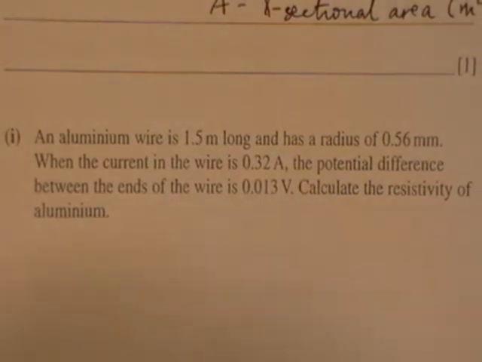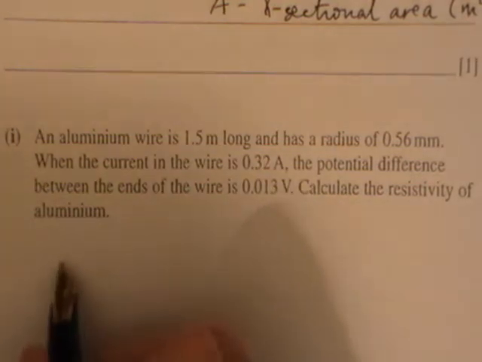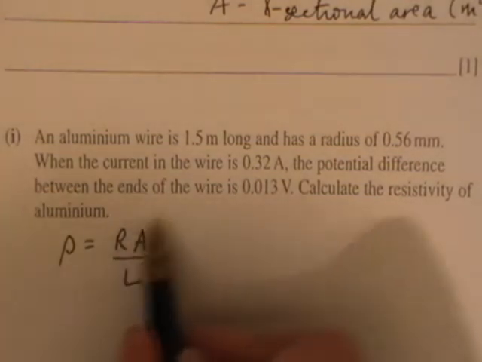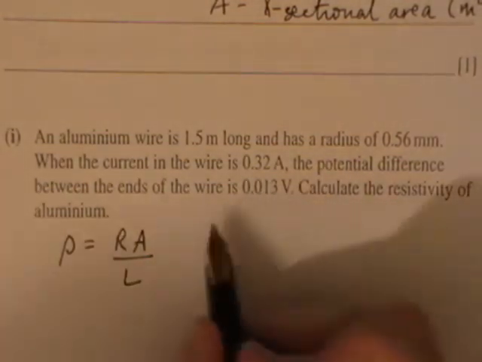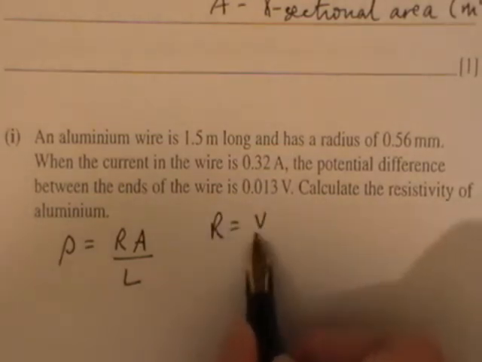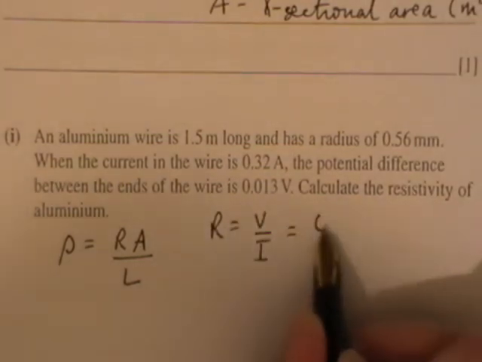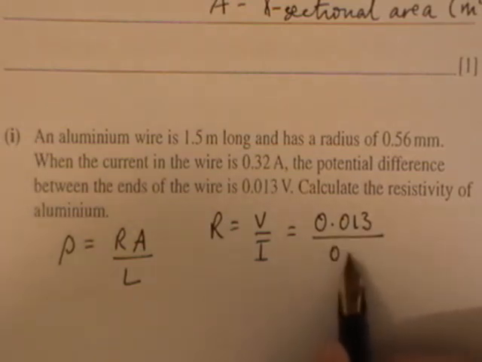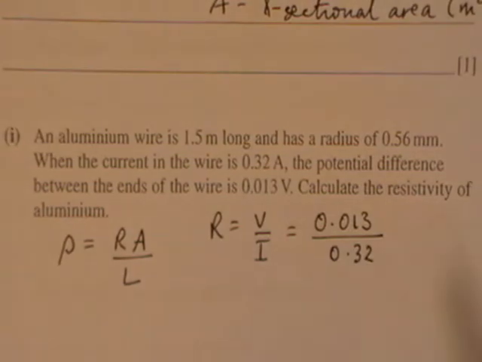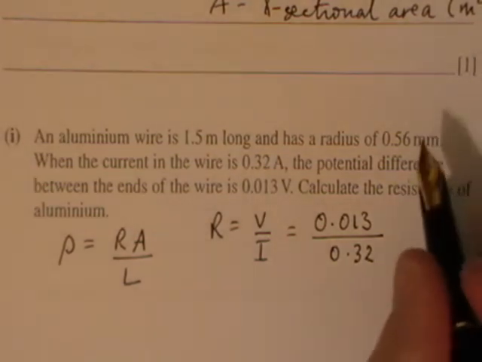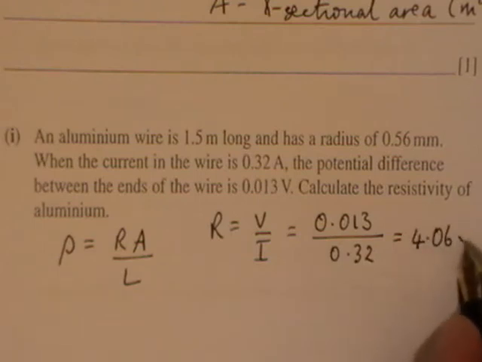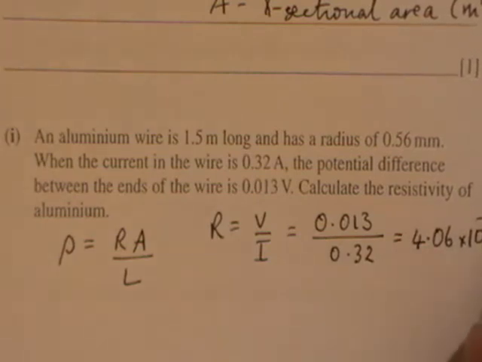So we're trying to work out the resistivity, so we know that the resistivity is going to be the resistance times the area divided by the length, but we need to work out the resistance first of all, because we know R is equal to V divided by I, so that's equal to 0.013 divided by 0.32 amps. That gives us the resistance, which is equal to 4.06 times 10 to the minus 2 ohms.